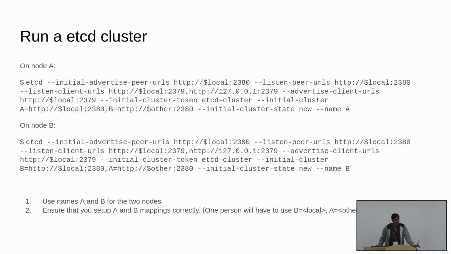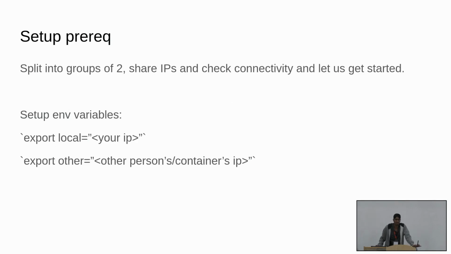Before you run these 2 commands, you need to set these environment variables, right? I hope you understand what is going on here. We want to run etcd on 2 workers, and we want them to talk to each other, so they need to know each other's IPs. So on worker A, you set local as your own IP. What is your IP? You can find it using the hostname -i command.